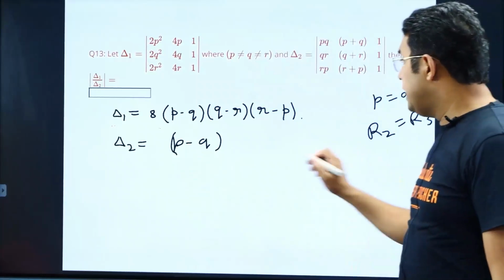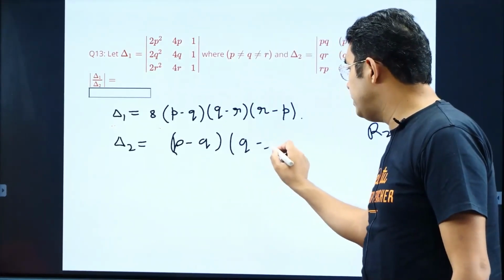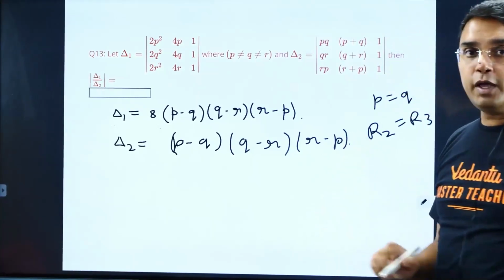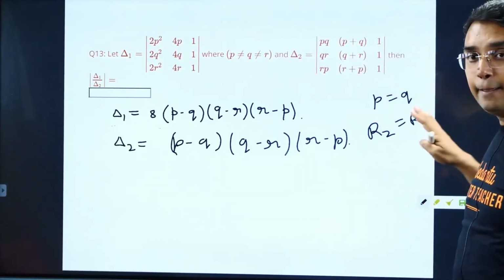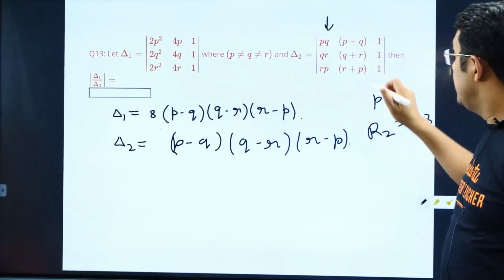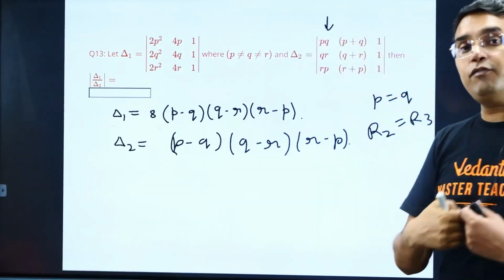Definitely we can say. Likewise, we can say Q minus R will be one factor, and likewise R minus P will be a factor. Okay, now if you open it directly, you can check. Suppose you expand along column 1, you can see the maximum degree of terms.